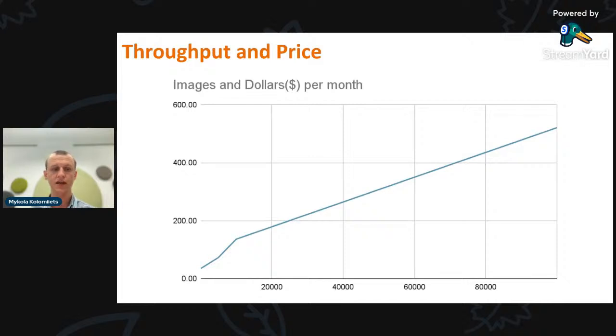And you can see that at the start we don't need to pay a lot of money, because the system is off, and only one API service is running in this case and spends some money.